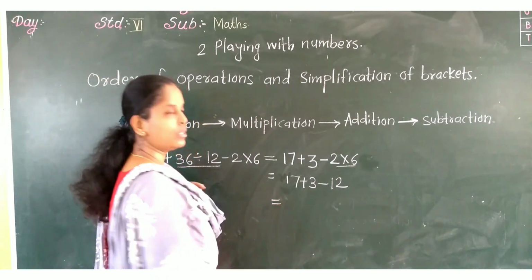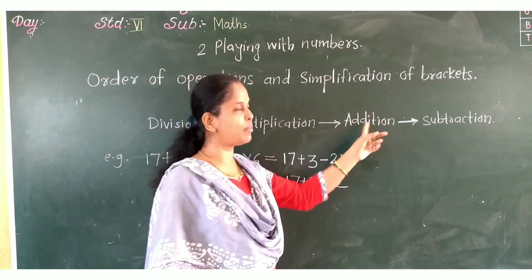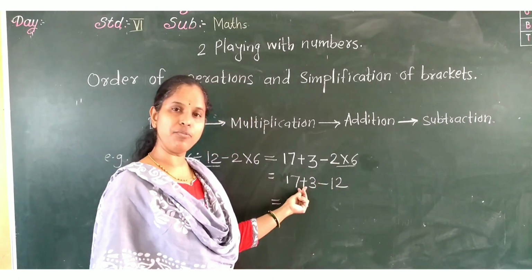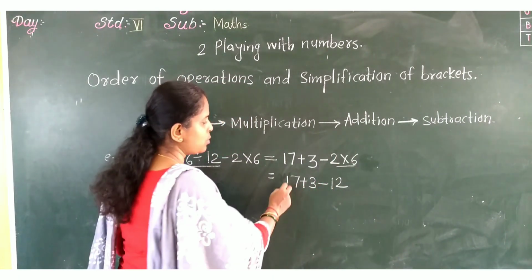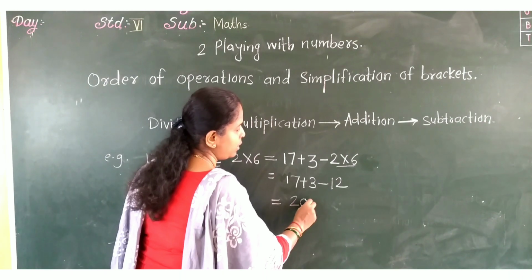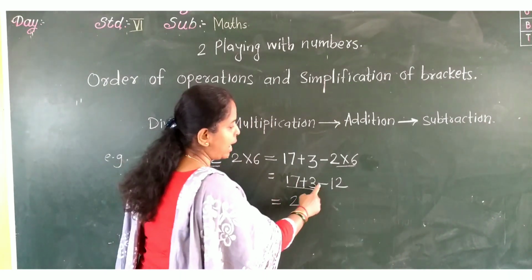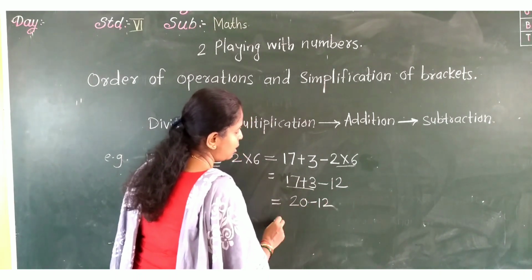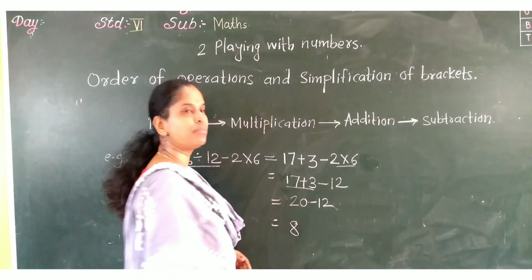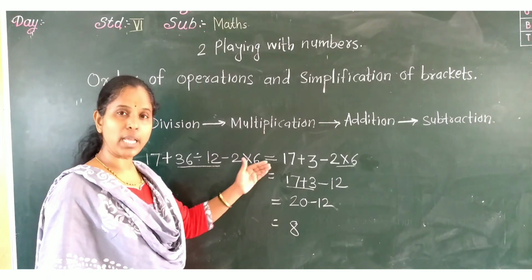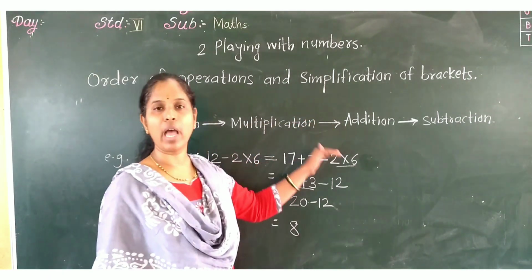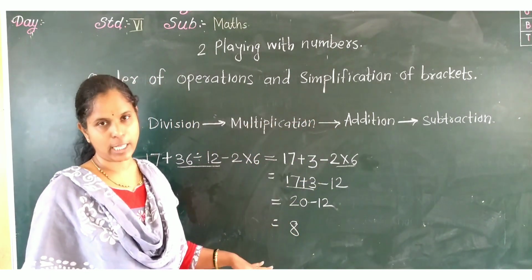After that, what we have to do? Out of addition and subtraction, as addition has come first, we will do addition. So 17 plus 3 is 20. Okay, this operation is carried out. Write the answer here, and minus 12 as it is. Now 20 minus 12 is 8. So in this way, step by step, we have to solve the mathematical expression.